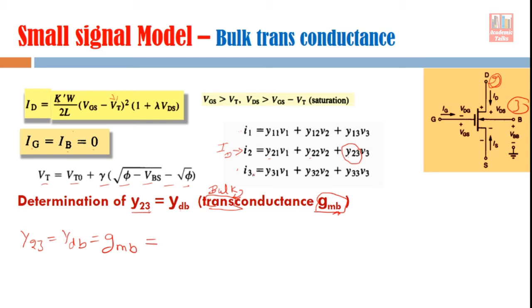That means differentiate this I2, meaning ID, with respect to bulk voltage. But you see bulk voltage is not there, but this threshold voltage depends on the bulk voltage.